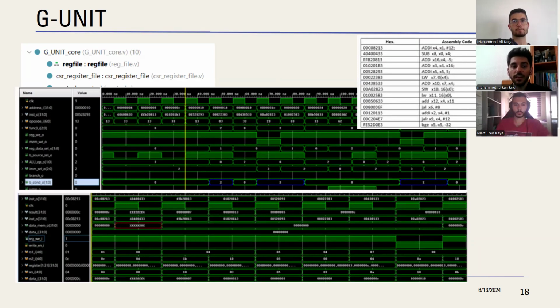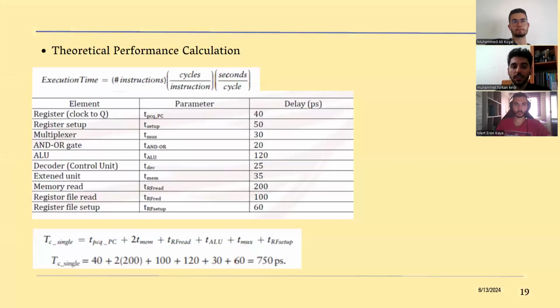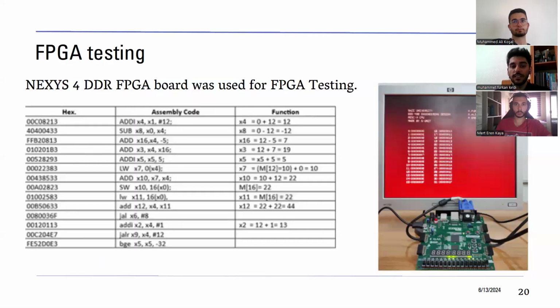To test the final version of the processor, we run the code you see on the screen and analyze the outputs. Then we made some theoretical calculations with reference to books to determine the frequency of our processor. We run our processor on the FPGA board with the frequency we determined according to these calculations and simulations.